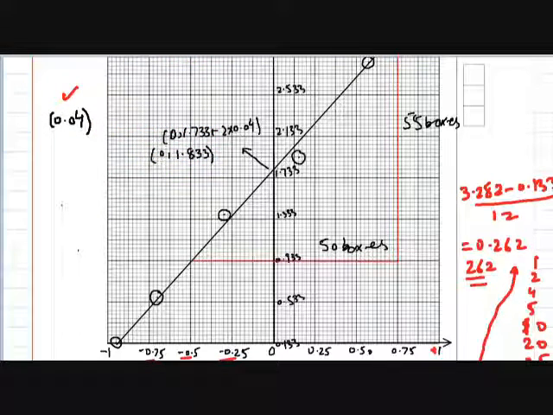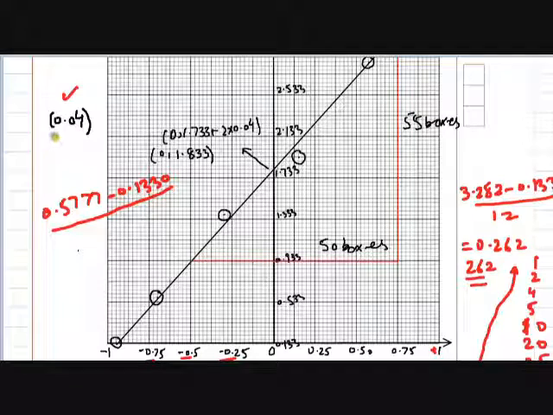If the graph starts from 0.133, but the reading is 0.577, then 0.577 minus 0.133 divided by the scale of small box, 0.04.